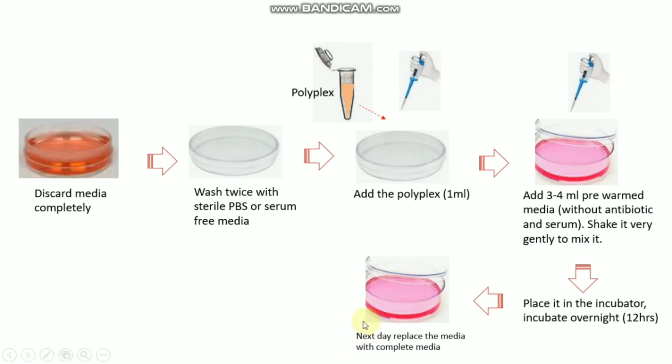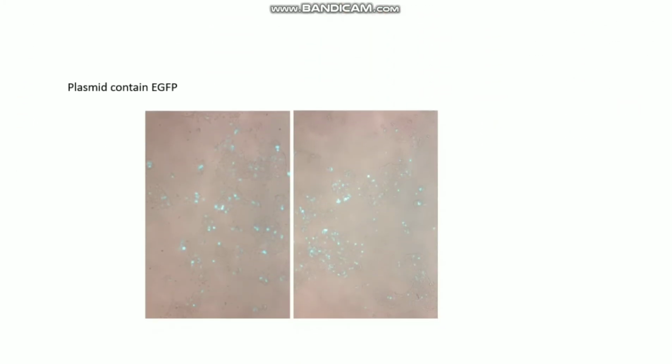Next day, after 12 hours, you have to replace the media with complete media, so with serum media. And then after 24 hours you have to check it under a microscope, and if your plasmid contains EGFP, then you will see green fluorescence under the fluorescence microscope.